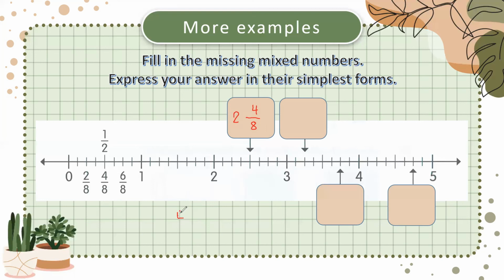Again, what number can we divide from 4 and 8? We can divide them both by 4. 4 divided by 4 is 1. 8 divided by 4 is 2. Therefore, 2 and 4/8 is equal to 2 and 1/2.